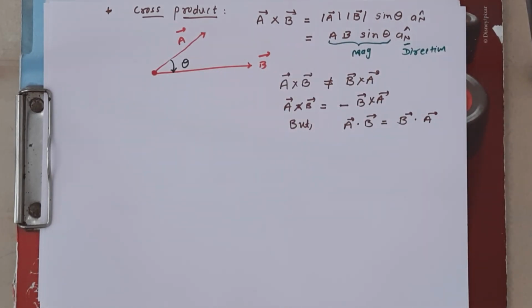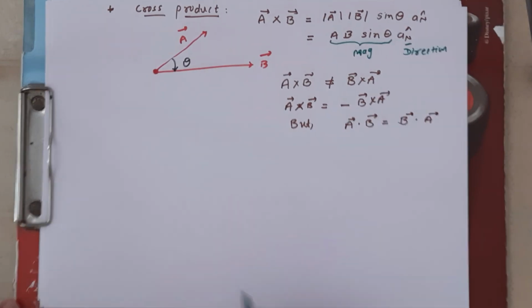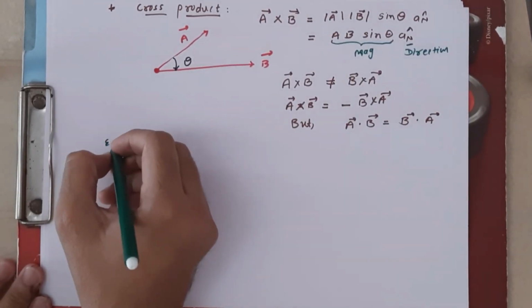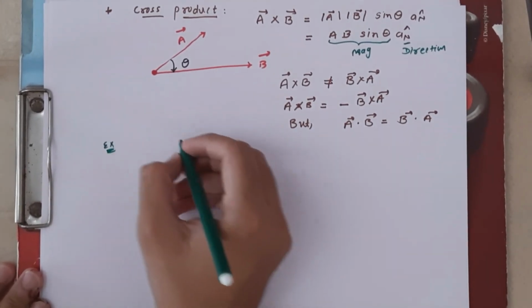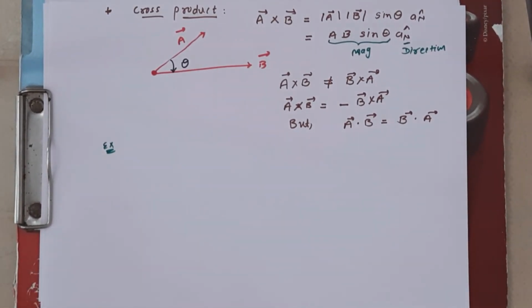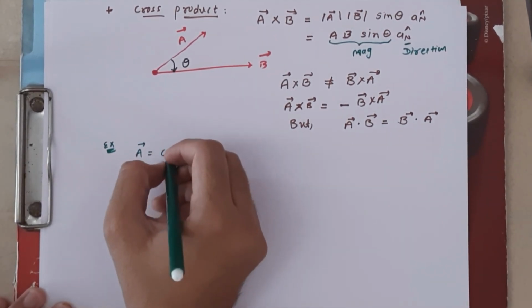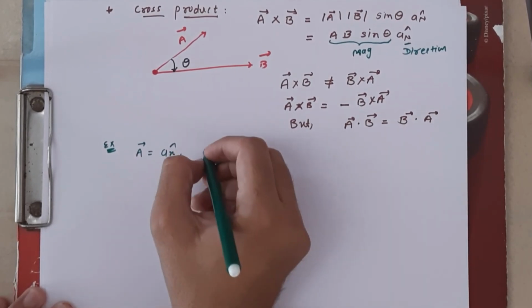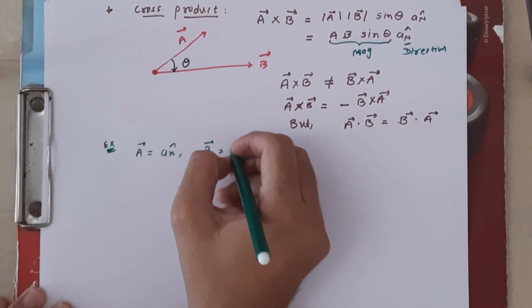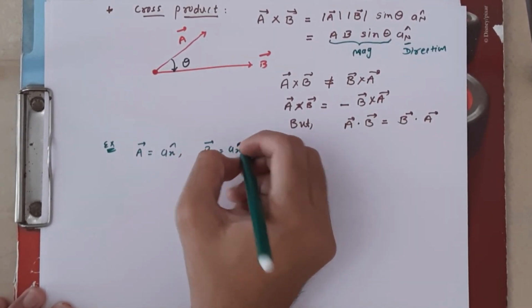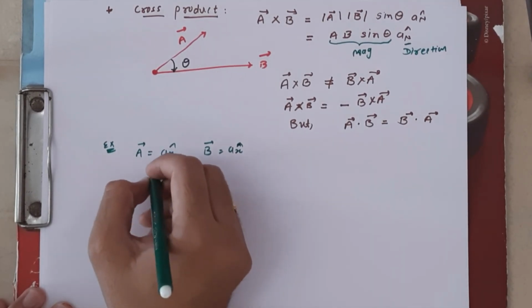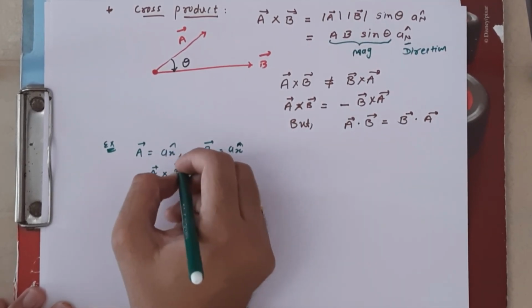I have to just take one example and then we finish this topic, dot product and cross product. Consider that A is equal to AX, B is equal to AX. So what is A vector cross B vector?